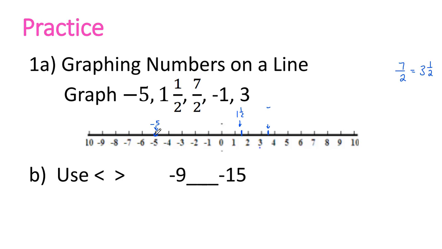So 7/2 will go there. -1 is on the negative side of our number line. And then +3.